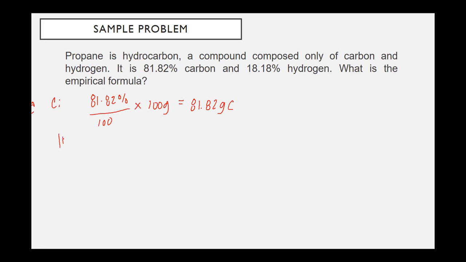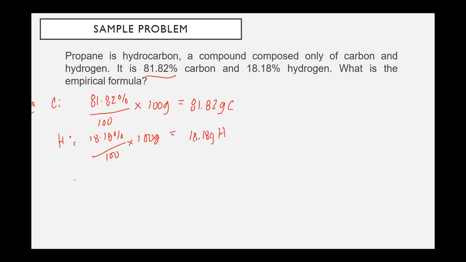We do the same on the H. So 18.18% over 100 times 100 grams equal to 18.18 grams hydrogen. So usually, we can say here na kung ilan na yung percent, we can directly convert it as grams. So pag pinagsama mo tong dalawa, it's equal to 100 grams.